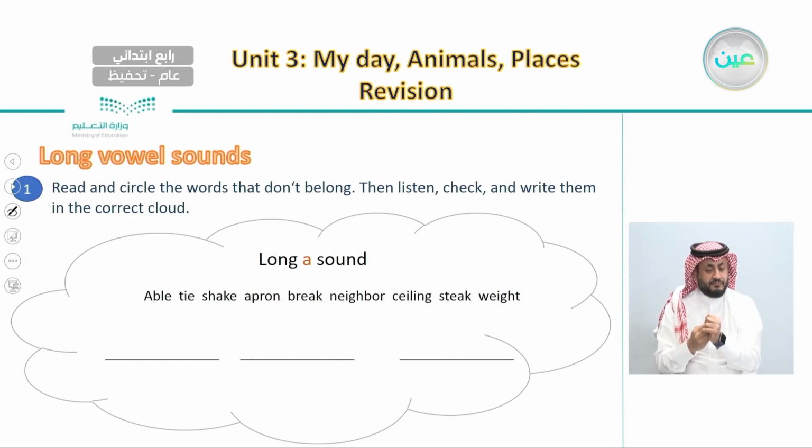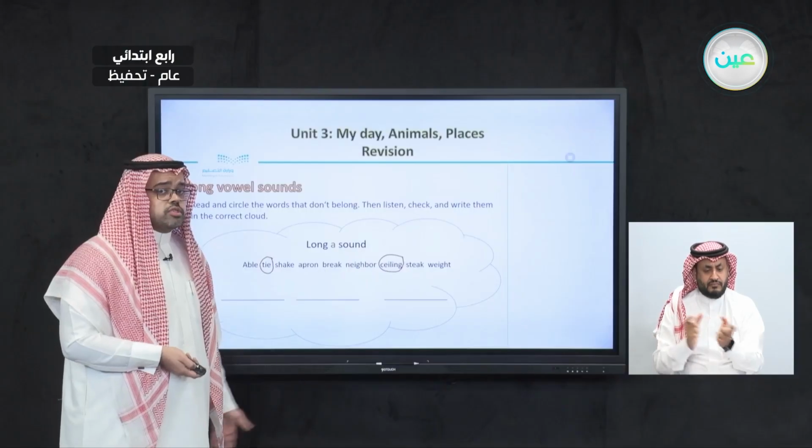So here we have words that do not belong to this sound. Tie does not belong to this sound. Ceiling also does not belong. Able, shake, apron, break, neighbor, steak and wait are fine. So what should we put instead?